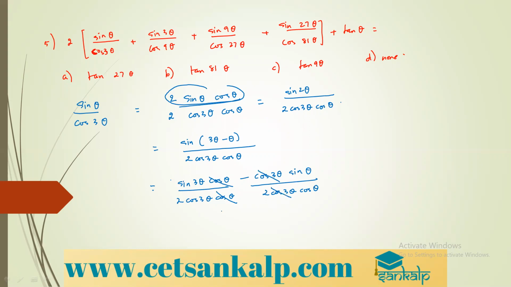Here cos 3 theta will cancel. And I'm left with 1 by 2 common, tan 3 theta minus tan theta. So this first term, I got this. Similarly, I can get the remaining terms also.